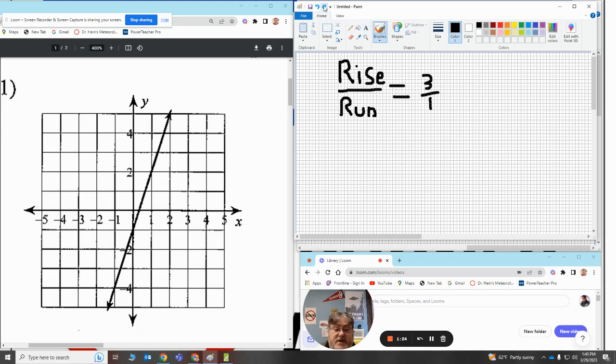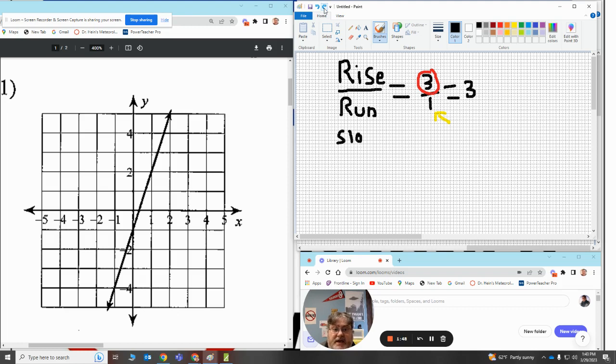So my slope is 3 over 1, which 3 divided by 1 will simplify, and we'll say the slope is 3. Another thing I want you to keep in mind, anytime that the bottom number is 1, your answer will always be the top number, okay? Any other number than 1 is the bottom number, I want to keep that as a fraction. Okay, and so that is the slope of this line.